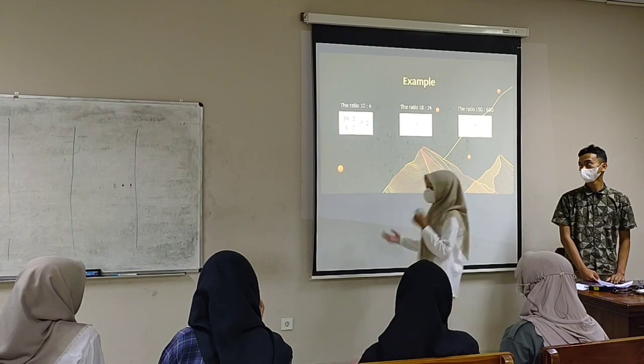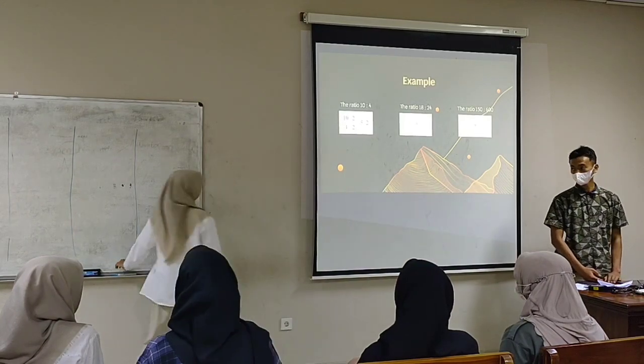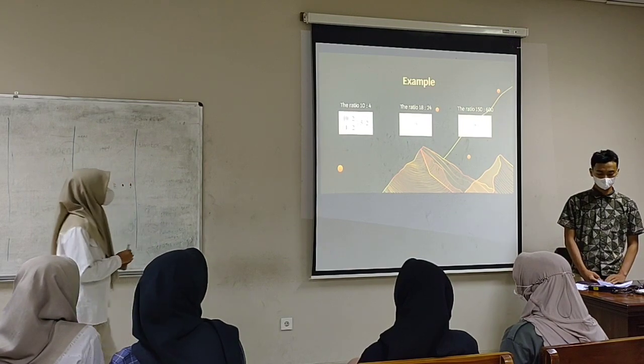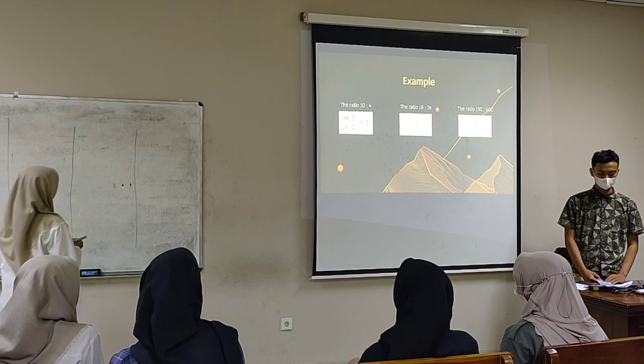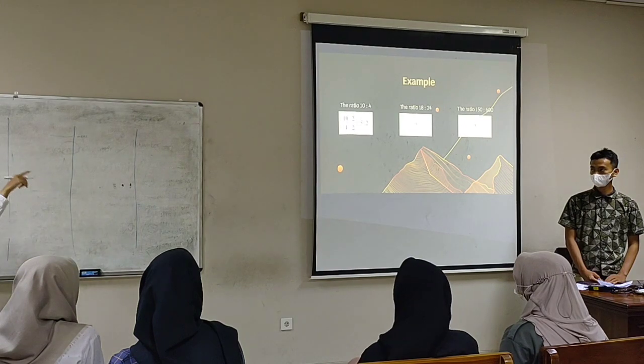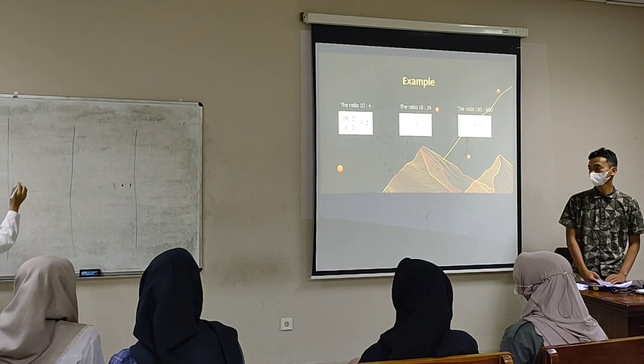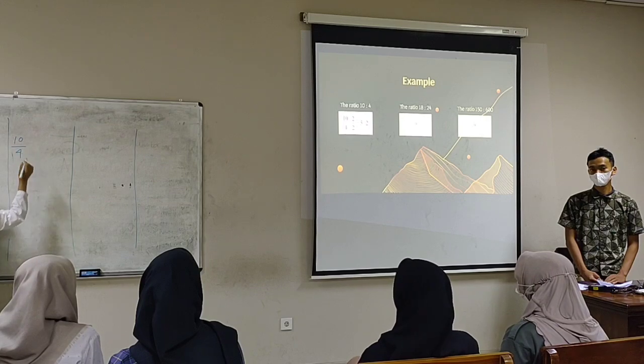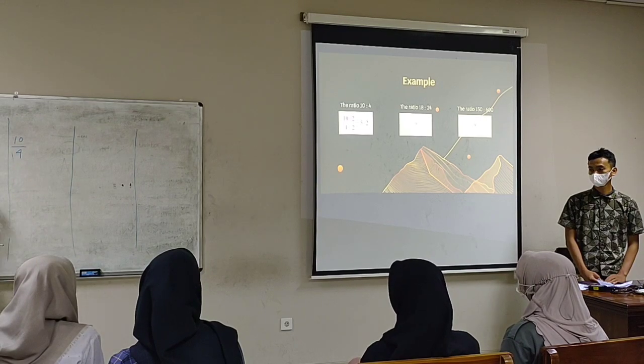Now here are some examples of ratios. The first is the ratio 10 to 4. First we write it in fractional form: 10 over 4. Next is dividing both numbers by the same number, for example 2.